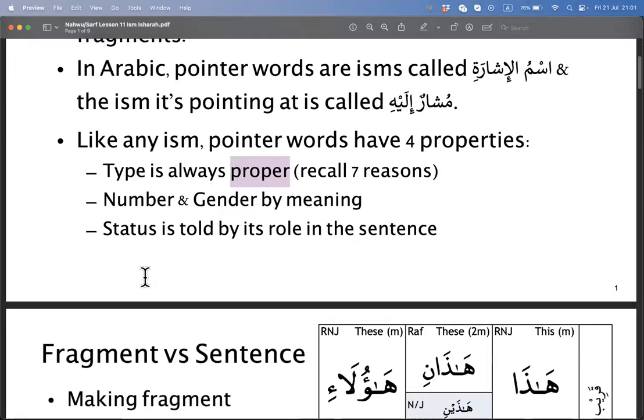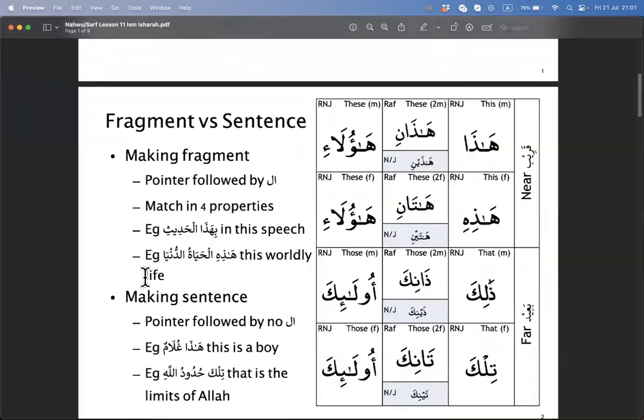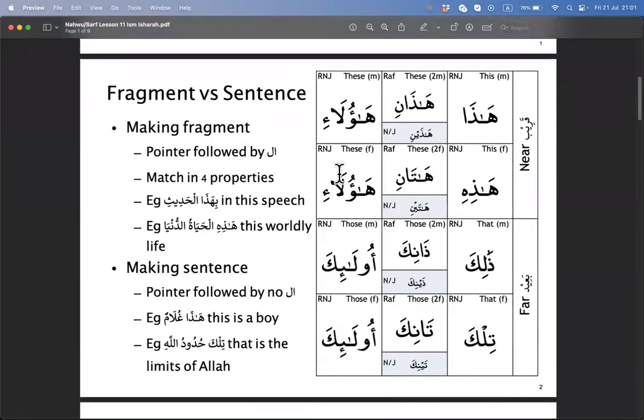So, for example, we have this chart. It's divided into near and far. All the ones that start with ha are your near ones, meaning like this, not that, but this, basically. Then we have the masculine version, the top one: masculine, singular, dual, plural, masculine, feminine.